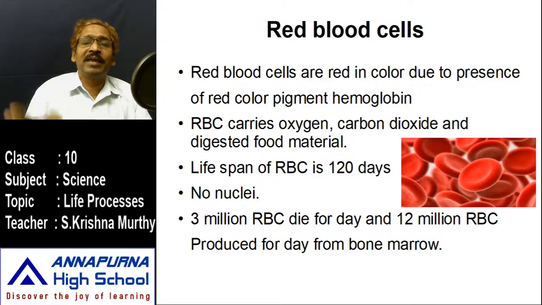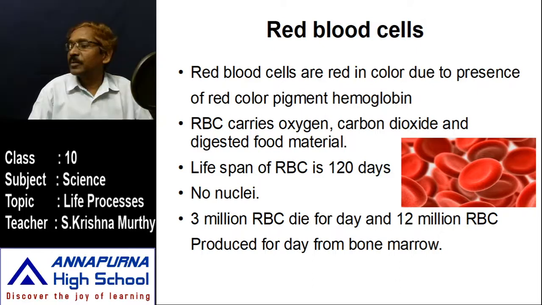Everything is transported along with the blood by binding. Only the RBC has the binding ability for oxygen, carbon dioxide and material to transport in the body. This RBC helps in the transportation of these.